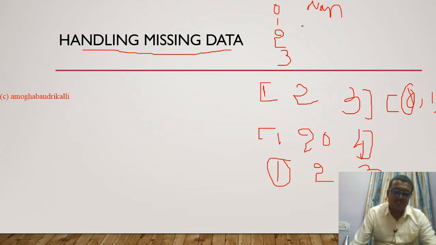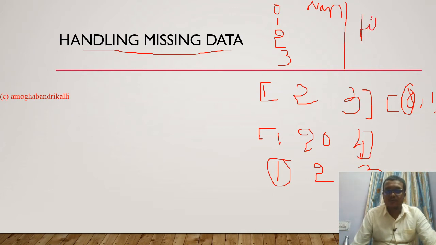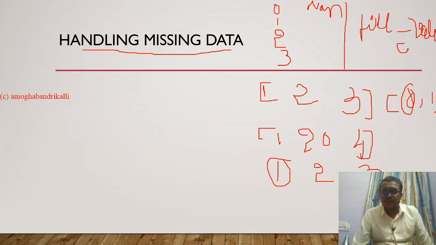Whenever missing data is provided, we have a function called the fill operation, fill underscore value. You can give any number of values here. If you give 0, 0 is going to be added to that respective index.